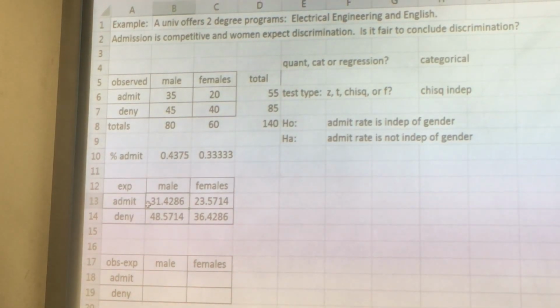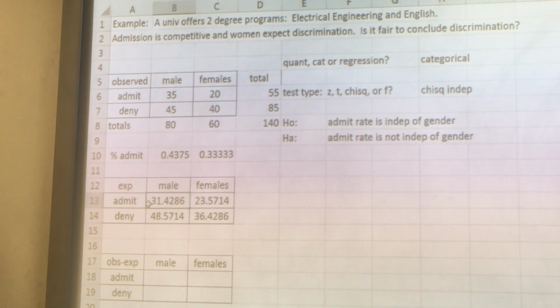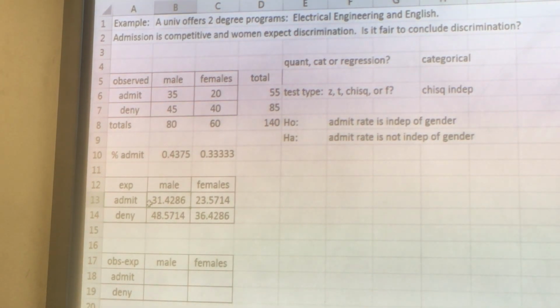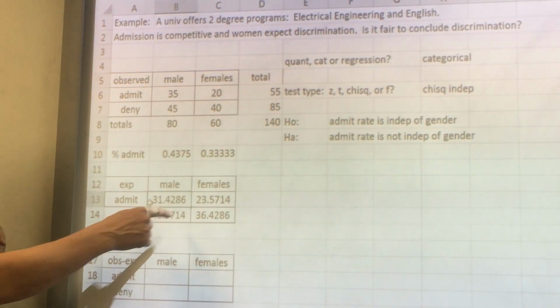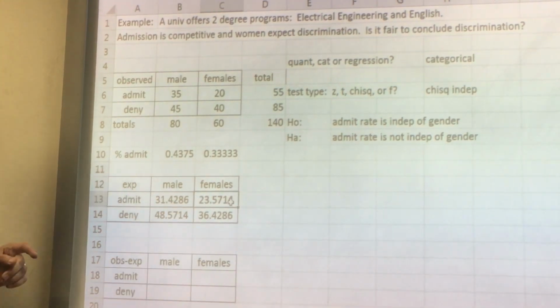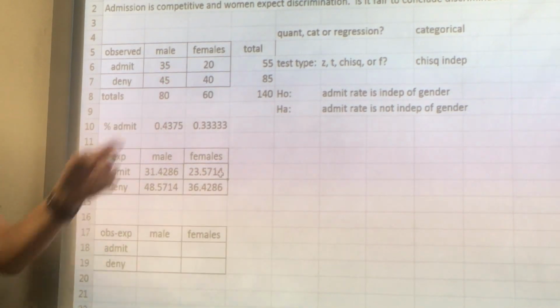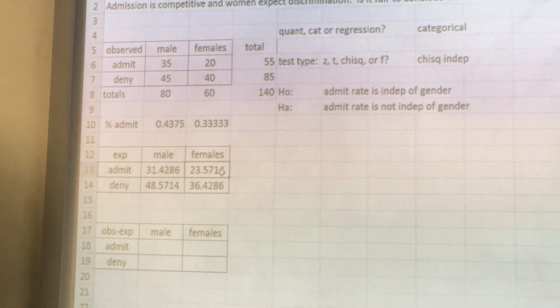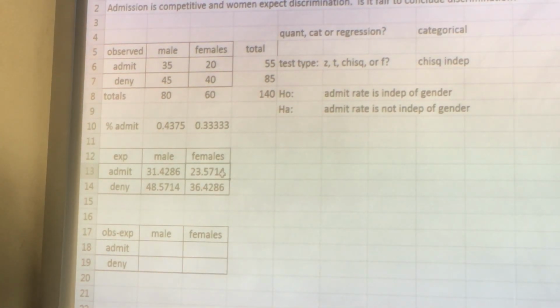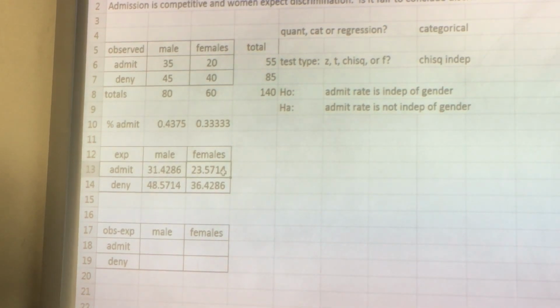We got 35, so more males were admitted than we would have expected. If we look over here at the females, we would have expected about 23.5 females to be admitted. We only got 20. So females were admitted at a lower rate than we would have expected.